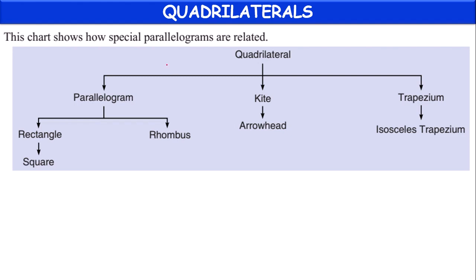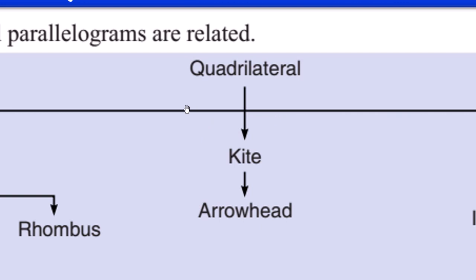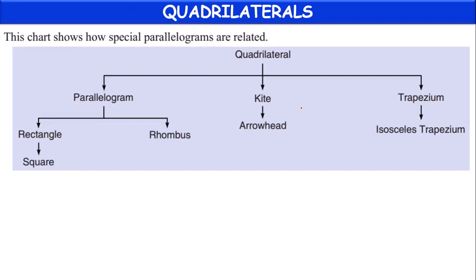So according to this chart, children, all the special quadrilaterals are related. In quadrilateral, we have mainly three types: parallelogram, kite, trapezium. Again, in parallelogram, we will have rectangle and rhombus. And in a rectangle, if all sides are equal, then it is called a square.